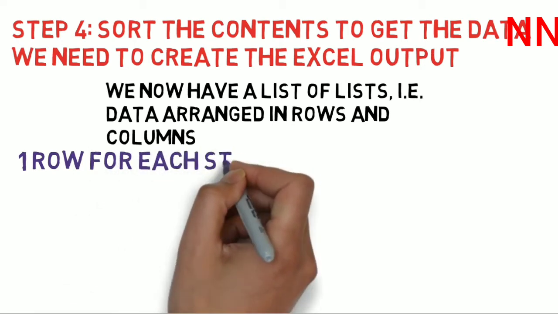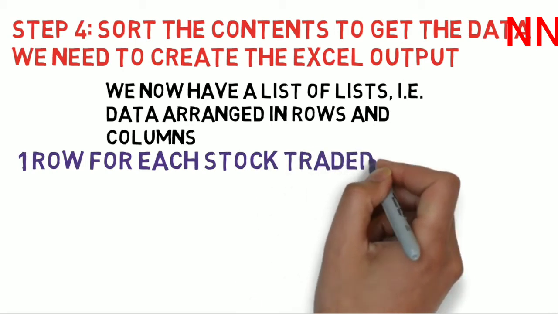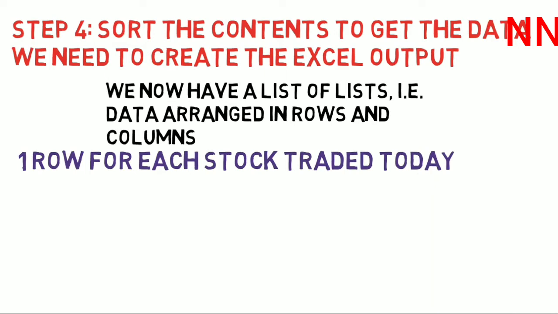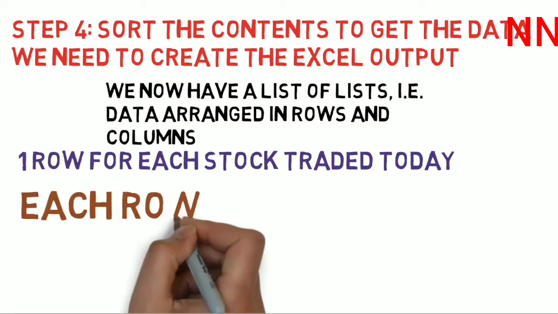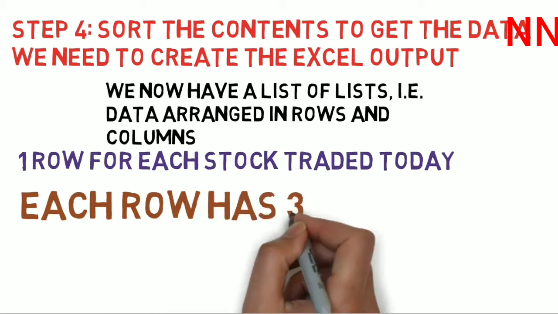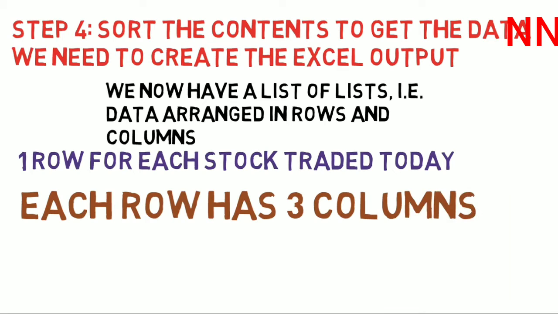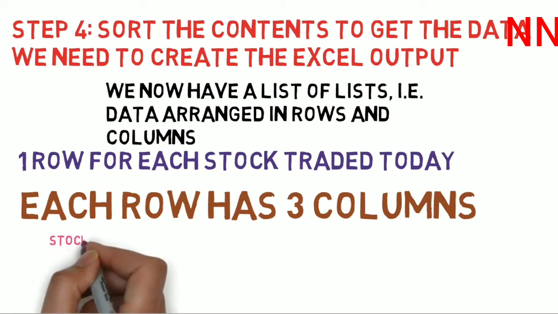The row is representative of one stock ticker, or each stock which was traded today, and each row has 3 columns. These are the data points that we care about.